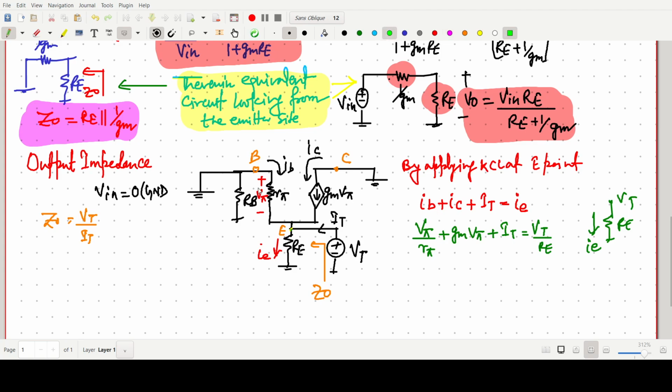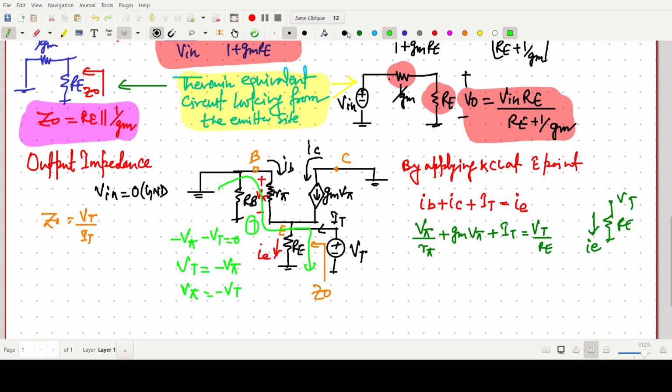One more observation is that if we apply Kirchhoff's voltage law in this loop, say loop one, we can write minus V pi minus Vt equals 0. So Vt is the same as V pi with negative sign. Very simple, Vt equals minus V pi. This one is 0 potential, so no need. So instead of V pi, we can write minus Vt.